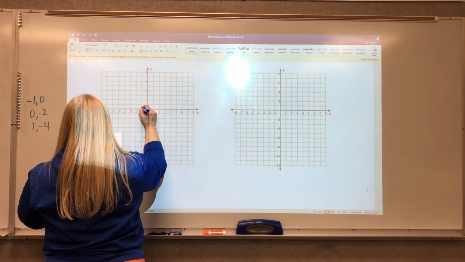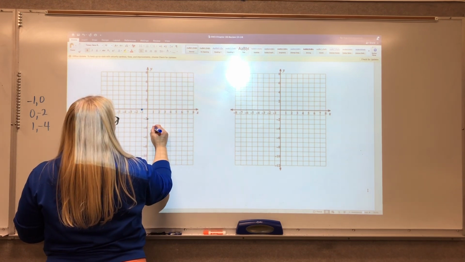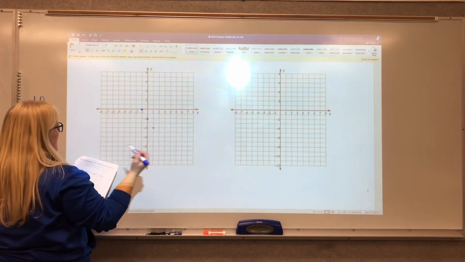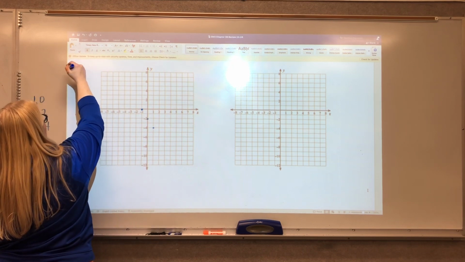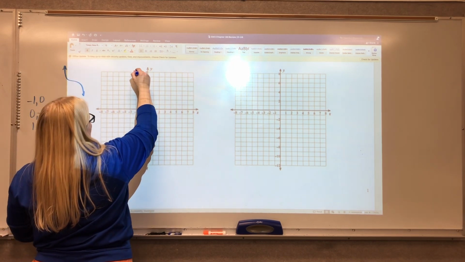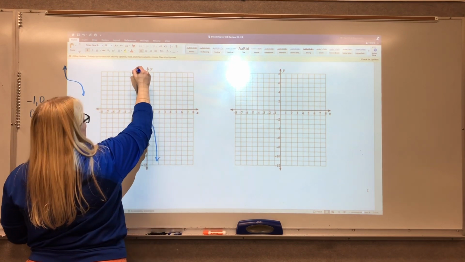So -1, 0, 0, -2, 1, -4. And since it's negative and it's cubic, it's going to come down like this. So it basically looks like that.